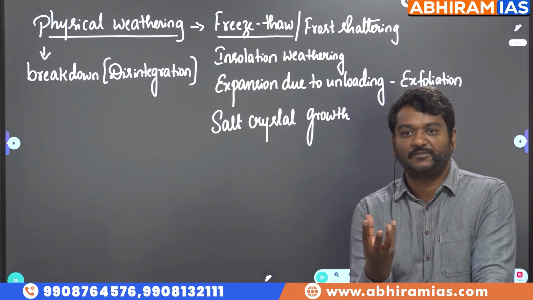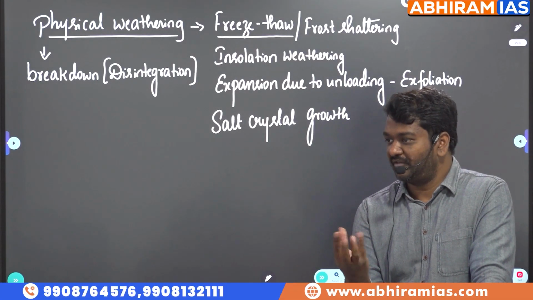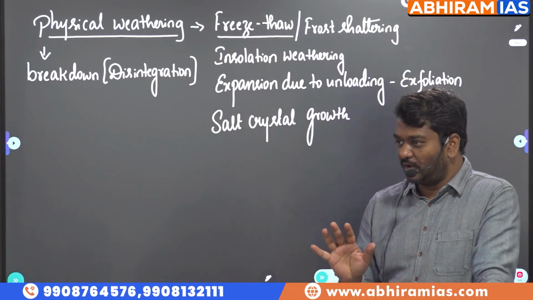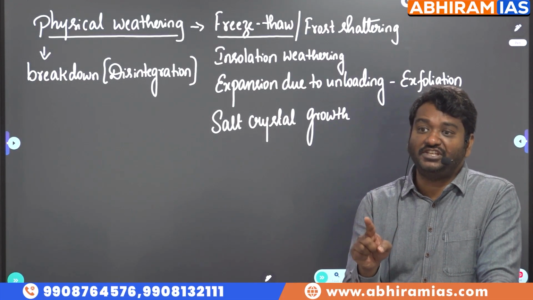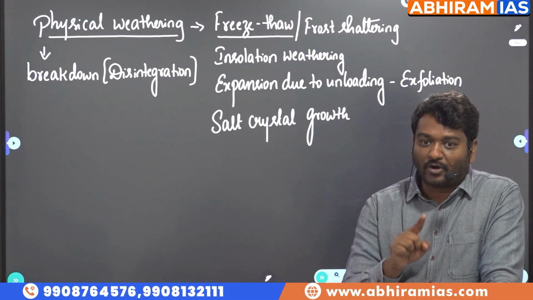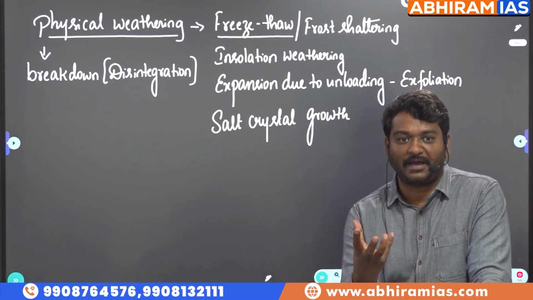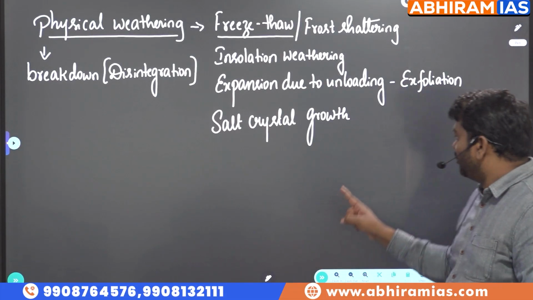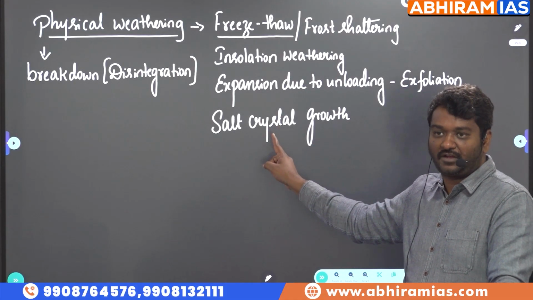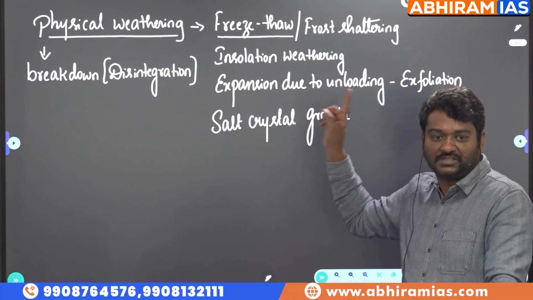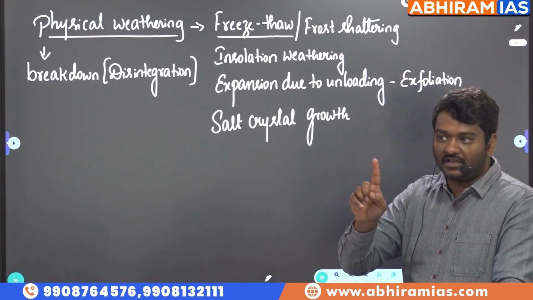Those salts expand and contract alternately, and the rock breaks. The rock is not breaking because of change in composition, but because of expansion. So the moment we see the word salt, we think it is chemical weathering. But salt crystal growth is a typical example of physical weathering.